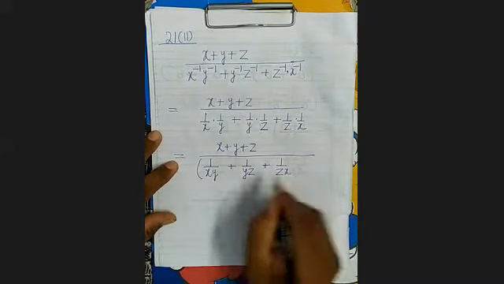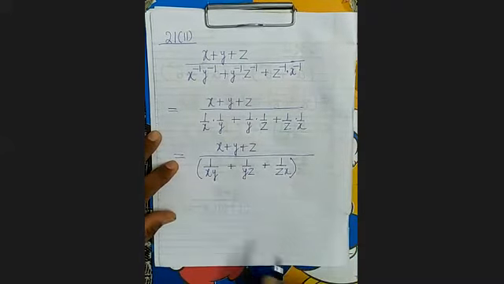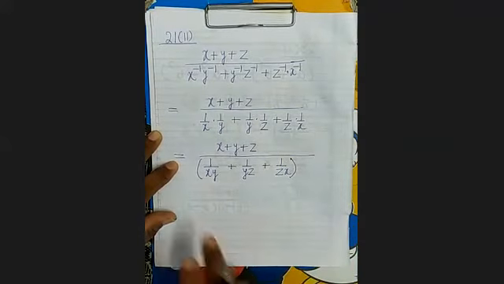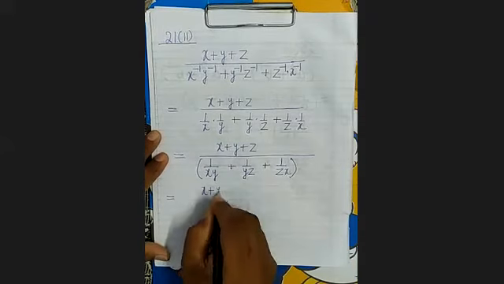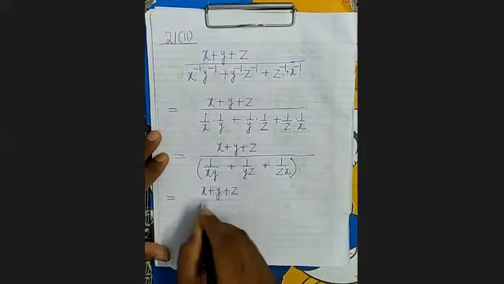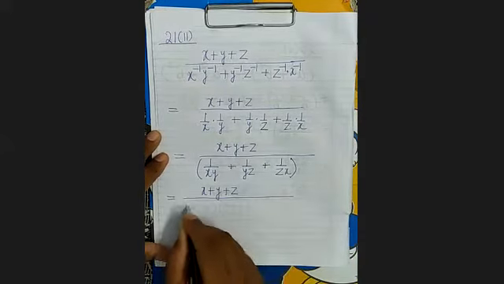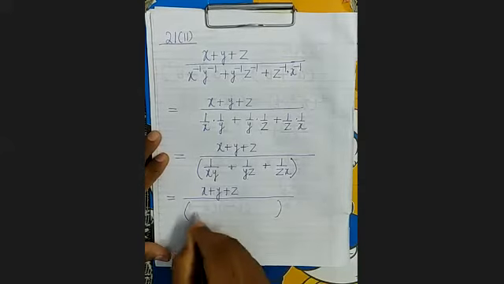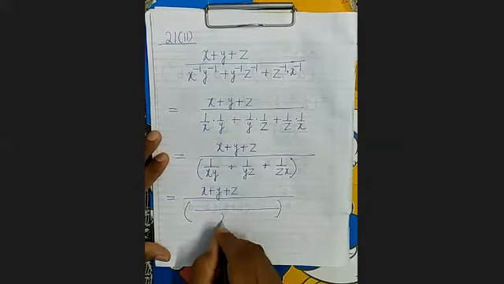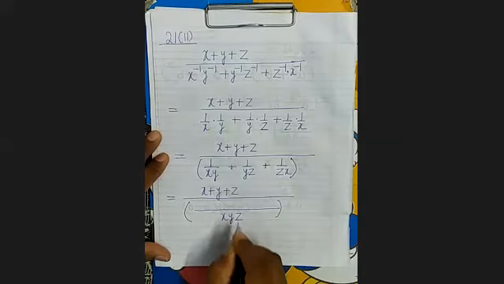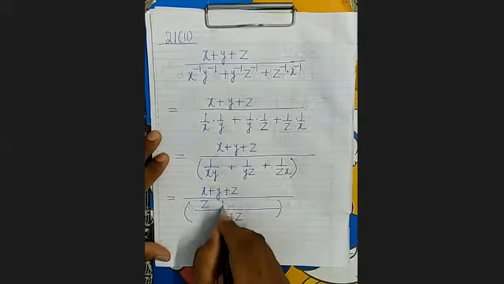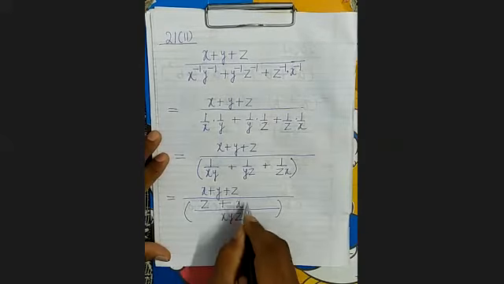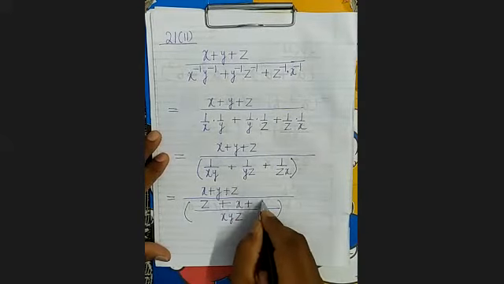Now you simplify this bracket. So what is the LCM here? In the denominator, when you simplify, the LCM is xyz. So it is z in place of xy, x in place of yz, and y in place of zx.